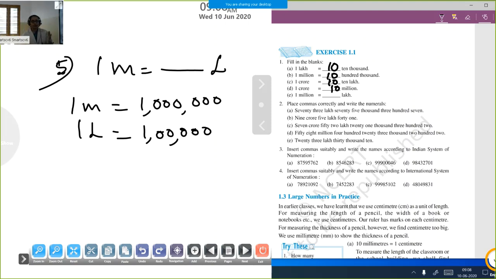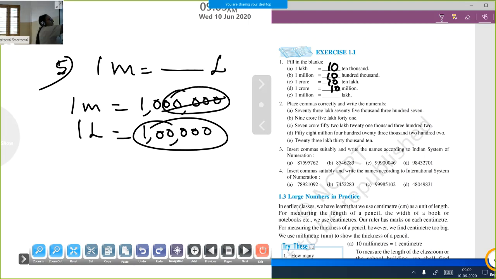At least by heart, how many zeros are there in a million? How many zeros are there in a lakh? That you have to learn by heart. Then see, 1 lakh has 5 zeros, 1 million has 6 zeros. So teacher is removing these 5 zeros from the million. Teacher removed this. Then what is remaining? 10.